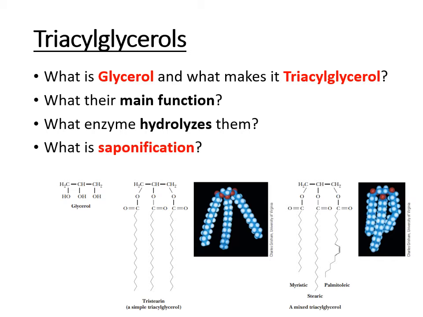Now, when you see that it has glycerol in its name, glycerol is this chemical structure right here. You'll see that it's a compound that has 3 hydroxyl groups. Then if ester linkages occur, where each of these 3 hydroxyl groups ends up linked to a long chain fatty acid, that's when you end up with a triacylglycerol.